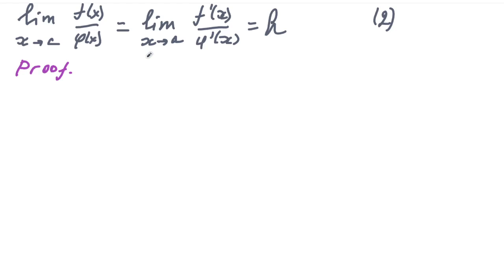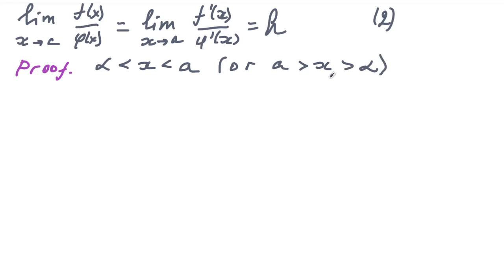In the given neighborhood of the point A, take two points alpha and x such that alpha is less than x and x is less than A, or A is greater than x is greater than alpha.